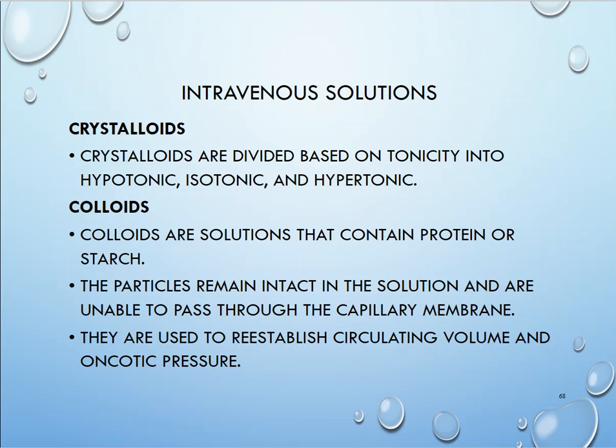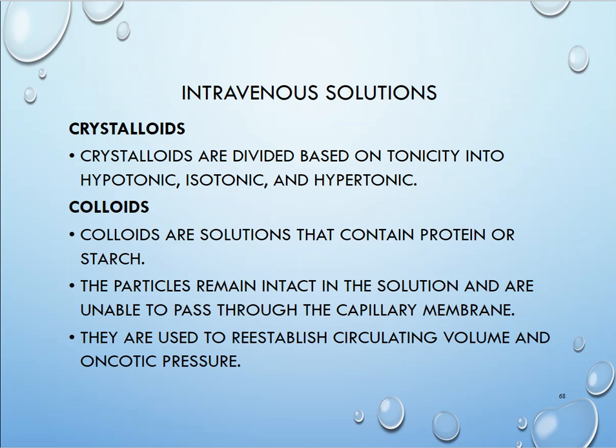And these fluids are used to treat hypernatremia or severe dehydration. Continued use of hypotonic fluids can lead to intracellular swelling or water intoxication, and the subsequent swelling of the brain cells will cause increased intracranial pressure, as I mentioned before.